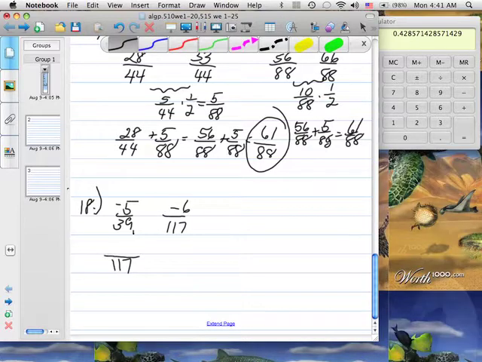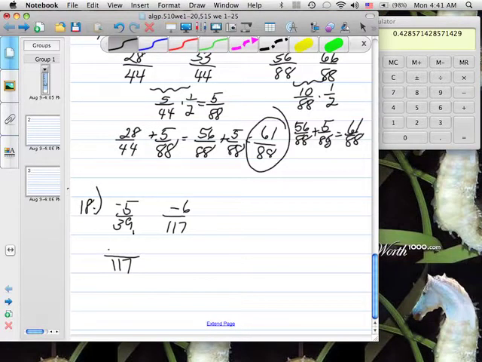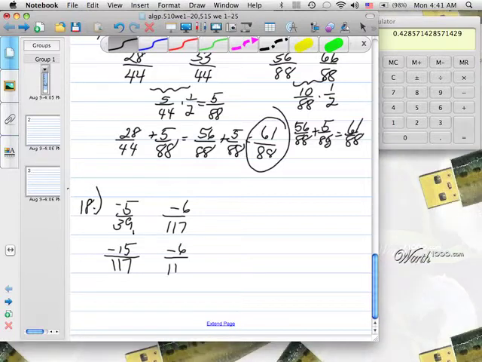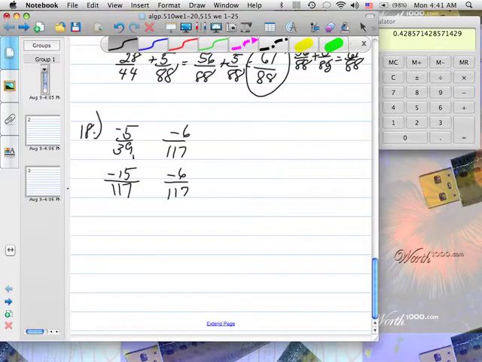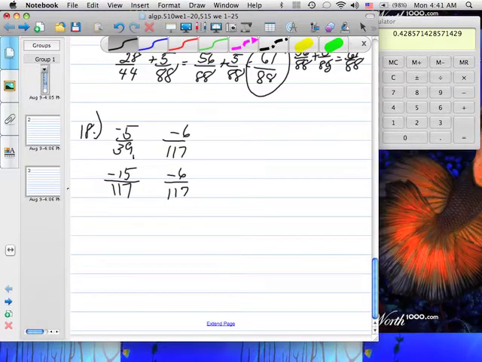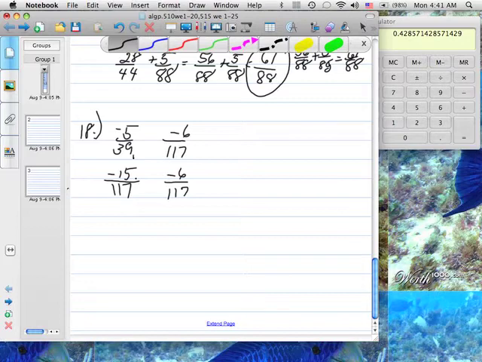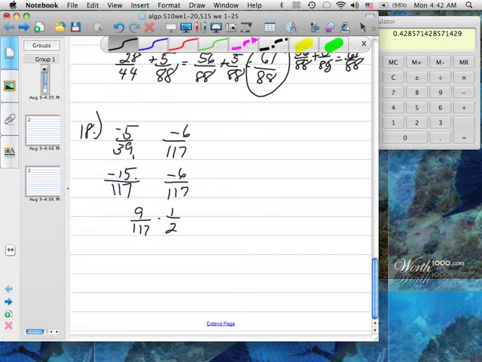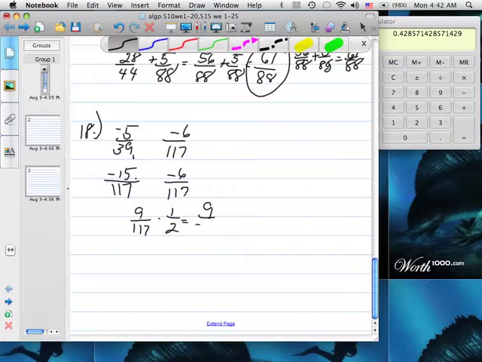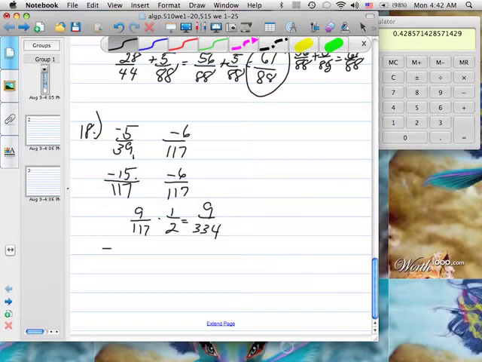And 39 goes in 117 3 times, so that'd be -15. And this would be -6/117. The distance between them is 9. So we would take half of that, which is 9/334, and add it to the smaller amount, which is -15.